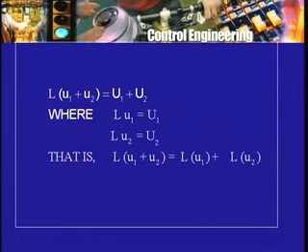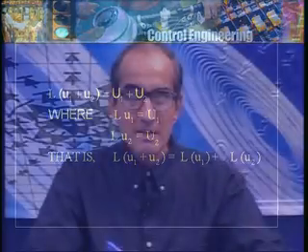Then I can ask the question, what will be the result of applying the Laplace transformation to the function u1 plus u2? Just one thing to remember here, going back, the Laplace transform usually has a region of convergence, which means that L of u1 is capital U1, but is defined only for certain complex numbers s, namely the region of convergence of u1. Similarly, L of u2 or capital U2 will make sense only for certain complex numbers s.